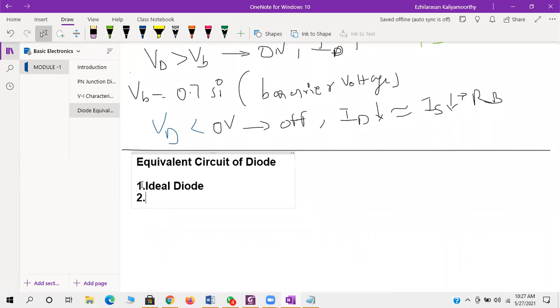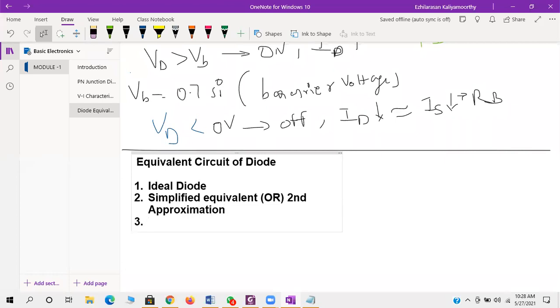The second one is the simplified equivalent, or second approximation.